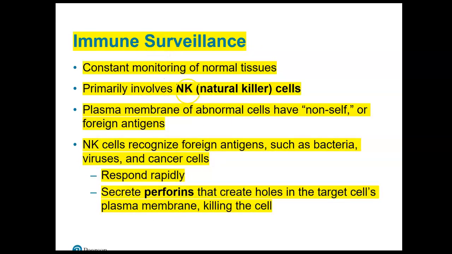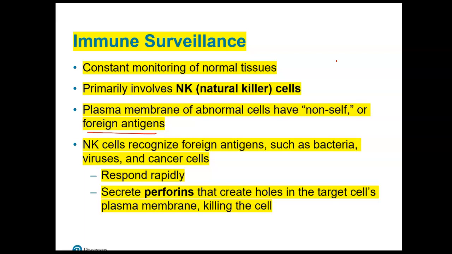All right, we talked about NK or natural killer cells that function in immune surveillance. They just constantly monitor normal tissues. The plasma membrane of abnormal cells have non-self or foreign antigens. What I can relate this to is your red blood cells. When you have a certain blood type, let's say blood type A, that means your red blood cells contain A antigens on their surface.